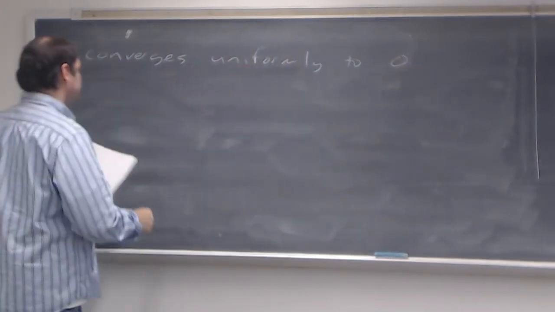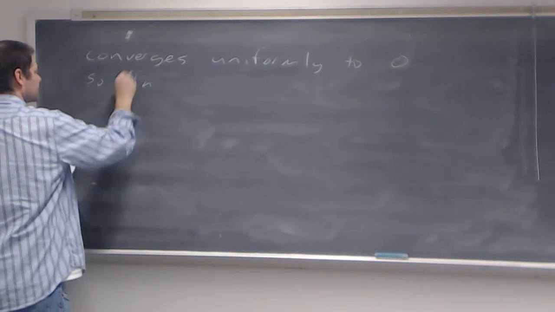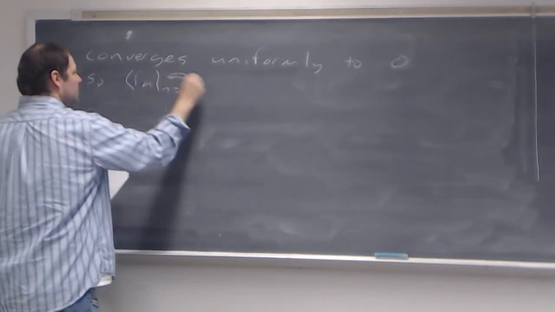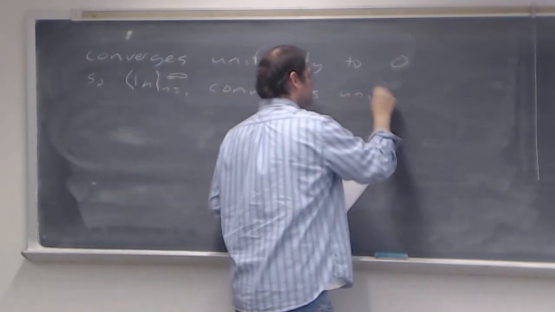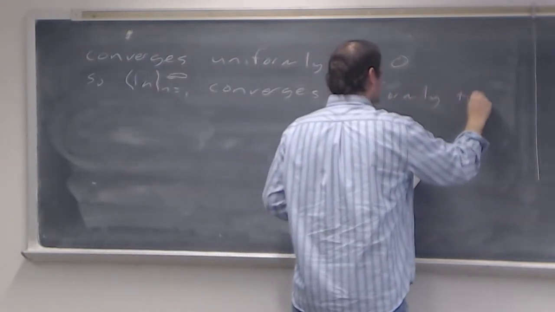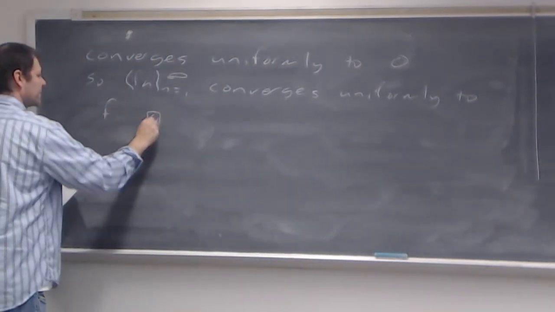And so that implies that the sequence f sub n converges uniformly to f. And that proves the point.